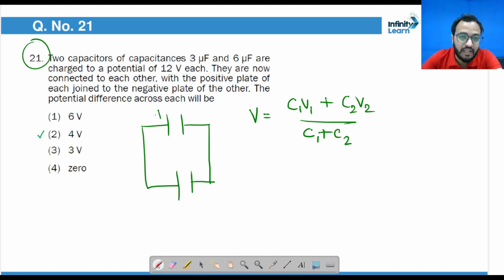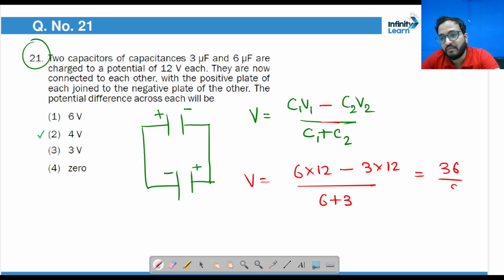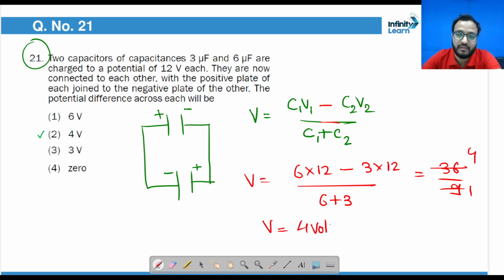But if they are connected like this with opposite polarities, then instead of C1 V1 plus C2 V2, we take C1 V1 minus C2 V2, right? That's all. So what is C1? 6 into 12 minus 3 into 12 upon 6 plus 3. So it will be 36 by 9. Answer is 4 volts.